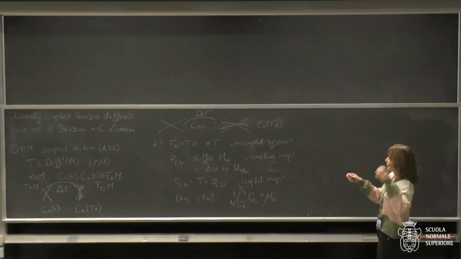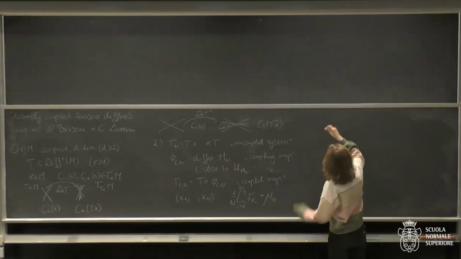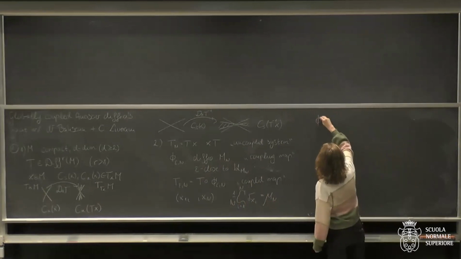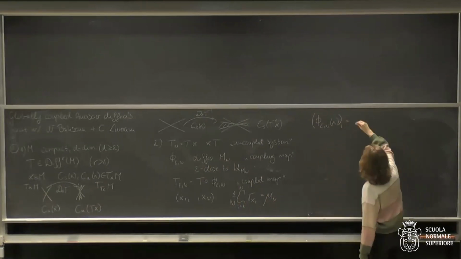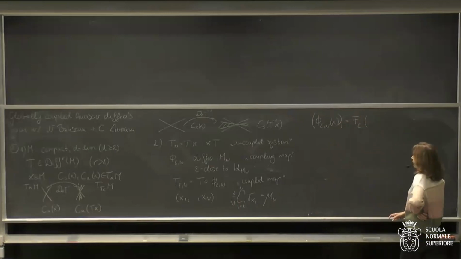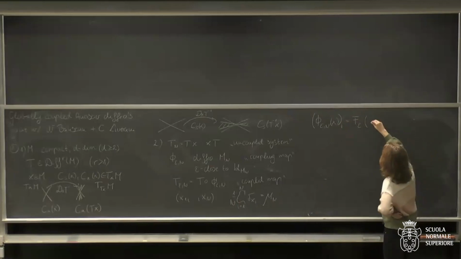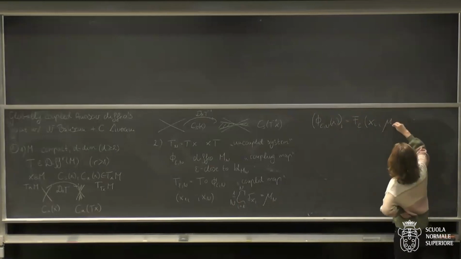Okay, so now I'm going to get a little more concrete with the coupling. I want to look at coupling maps of a specific form. So we are going to assume that the coupling map is a function of the i-th coordinate and this empirical measure μ_N.